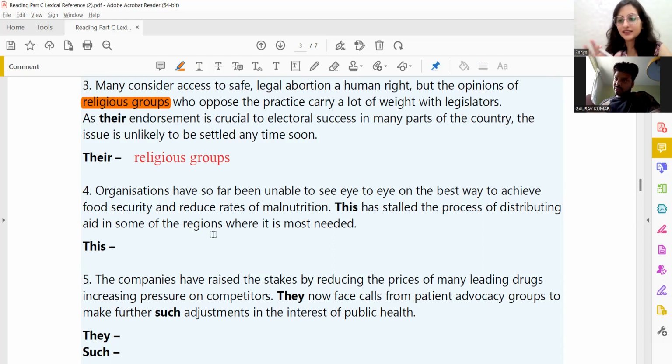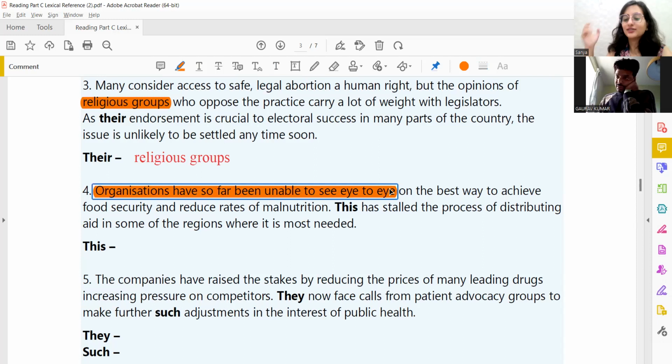Food security. Now listen, in the previous line, forget this for a moment, okay? Just tell me what is the negative thing that you can see in the previous line. I think organizations have so far been unable to see eye to eye. Exactly. Now that has stalled the process. This is something that happened.